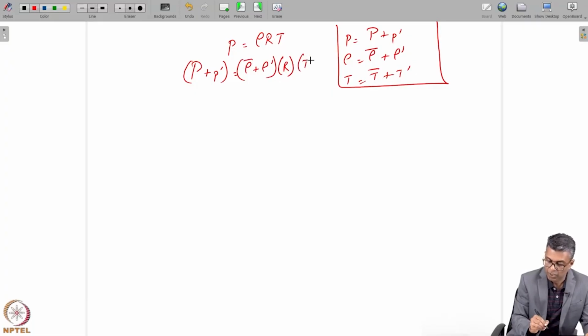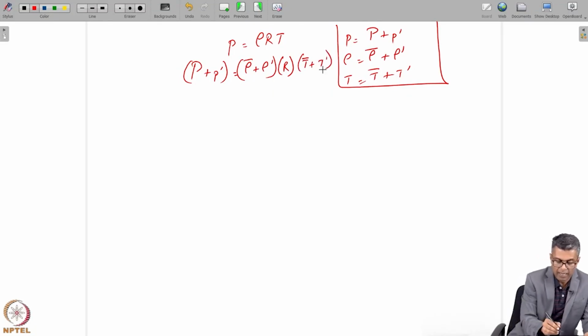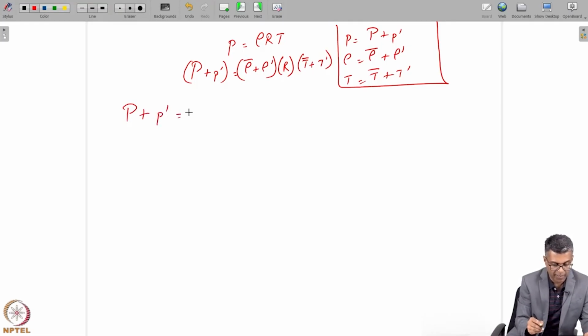Temperature, of course, I need to decompose, so T bar plus T prime. This is what I have. On the left hand side, I will have capital P plus P prime. And on the right hand side, I just multiply it out. So I will have rho bar T bar, then rho bar T prime, then rho prime T bar, and rho prime T prime, this whole thing multiplied by R.